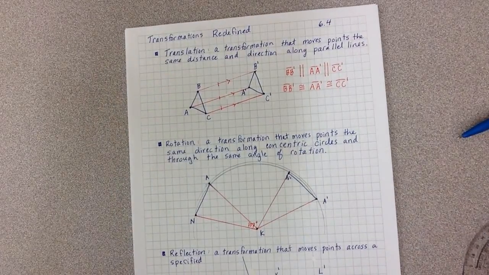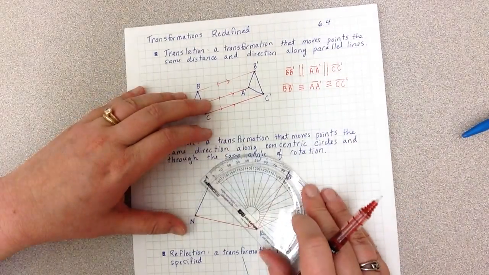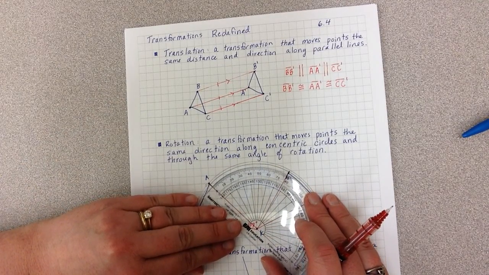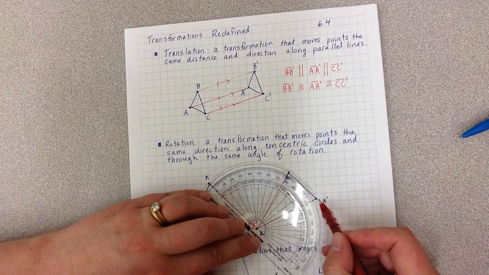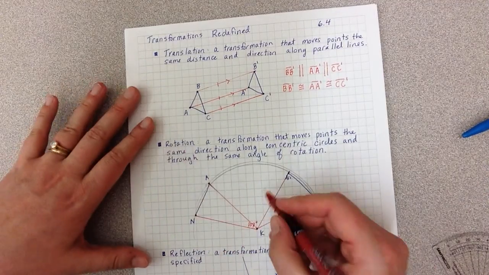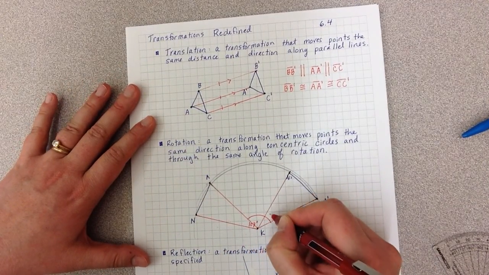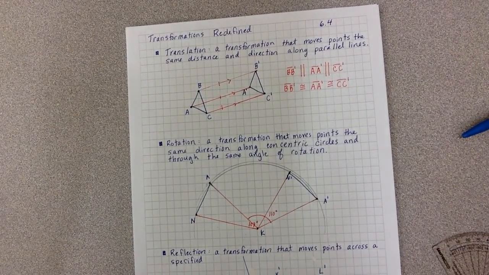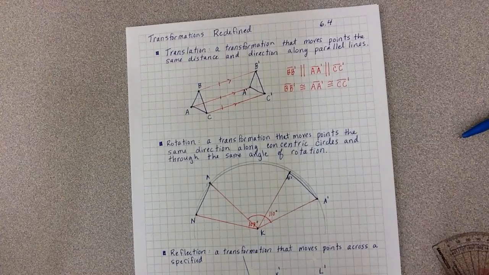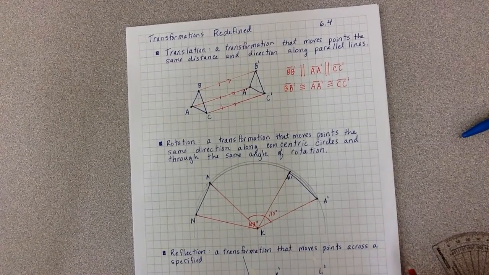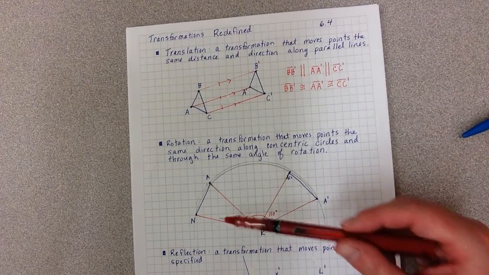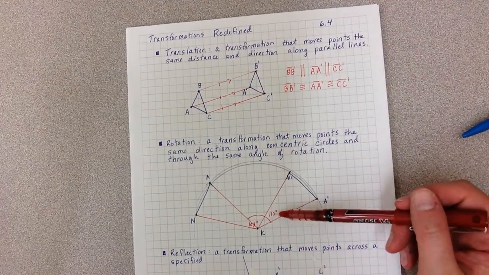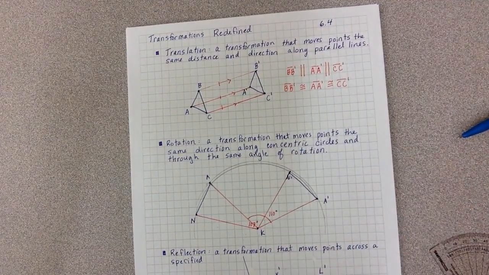So now we have to measure the angle AKA prime, and it looks like it's about 110 degrees. So let's mark that as 110 degrees. Not exact because I'm a human being and my drawing is not perfect. However, we can see that these are pretty close to being perfect concentric circles and pretty close to being the exact same angle measure.